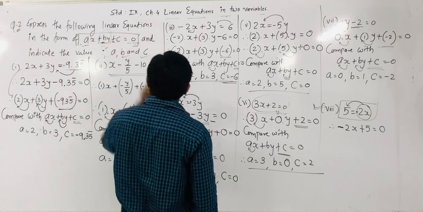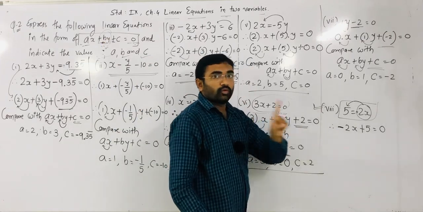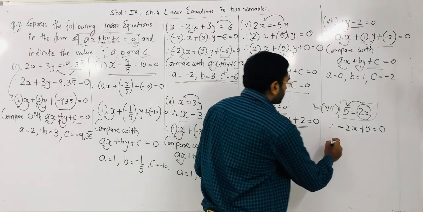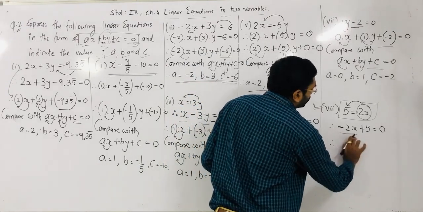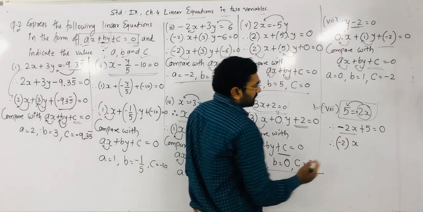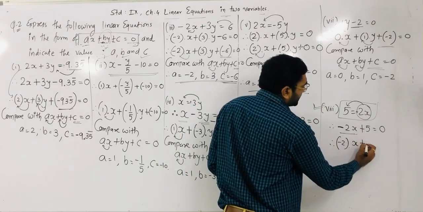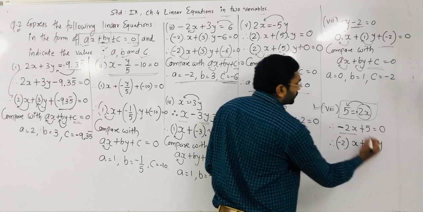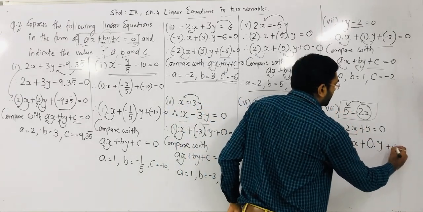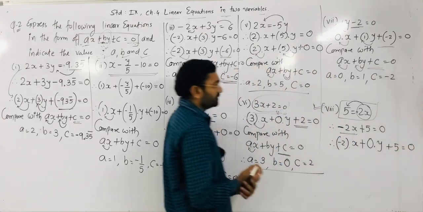We can say the y term is missing. Right? So whatever the missing term, we have to write with the coefficient as 0. So here we can write this minus 2x as minus 2 into x. Here, as I told you, the y term is missing, so plus 0 into y, and plus 5 is there, so plus 5 is equal to 0.